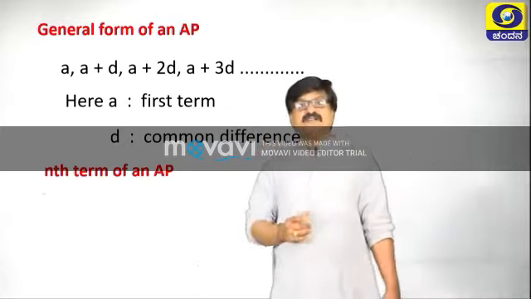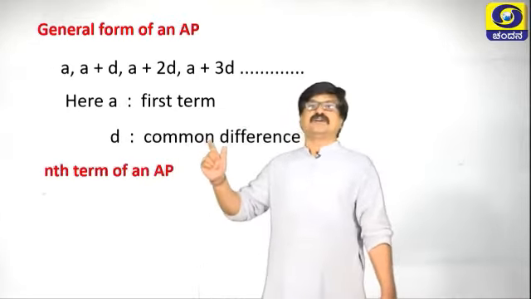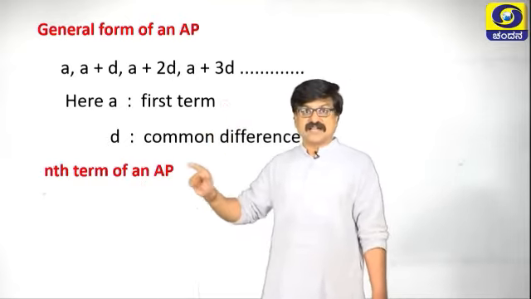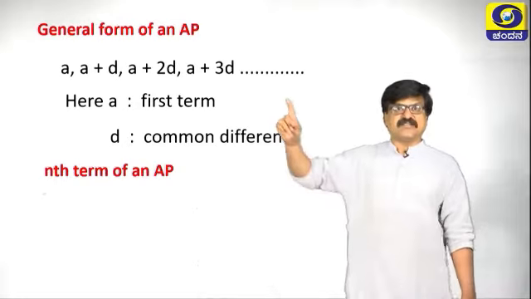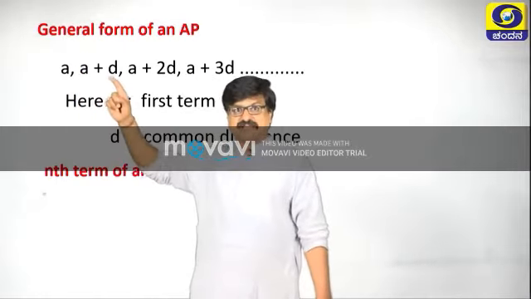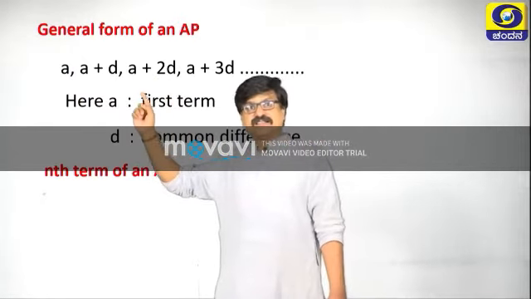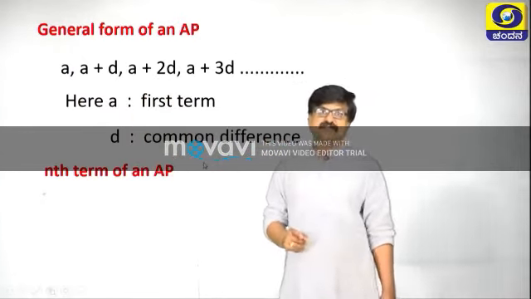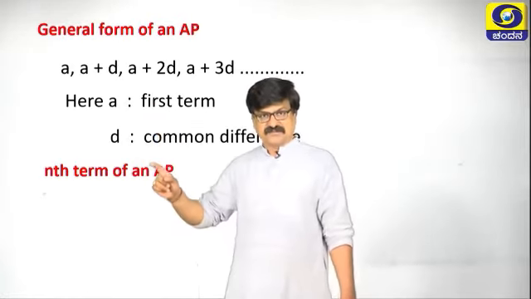The next one: how to write the nth term of an AP, that is, the general term of an AP. It is very simple. Observe here, this is the first term, second term, third term, fourth term. In all these terms a is there, so in the nth term also a must be there.